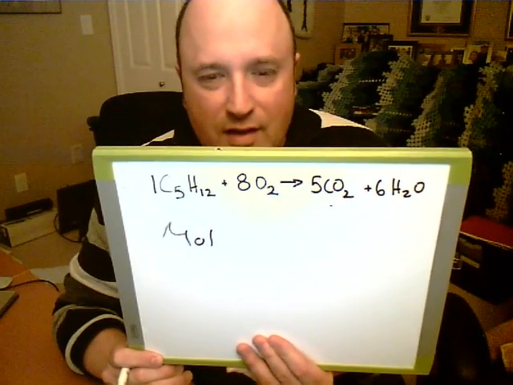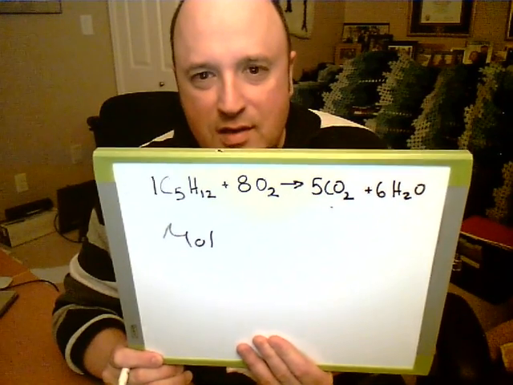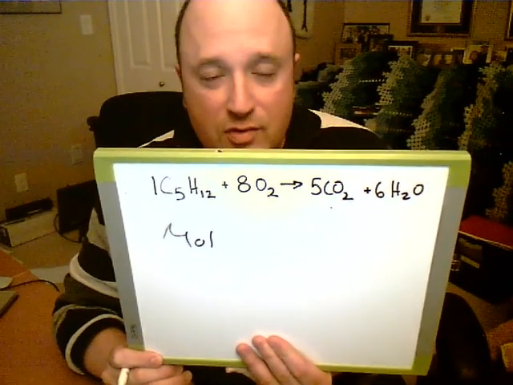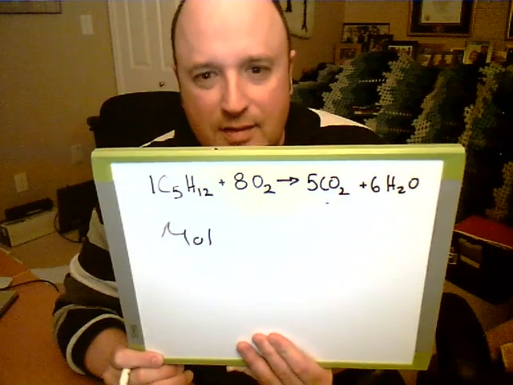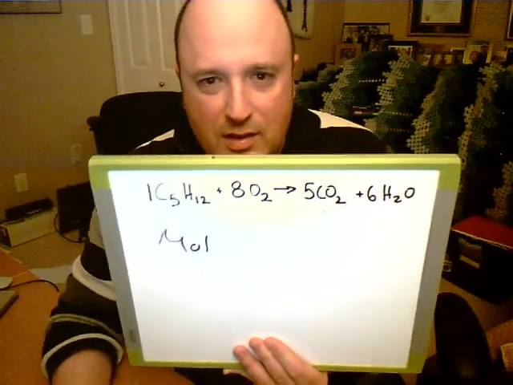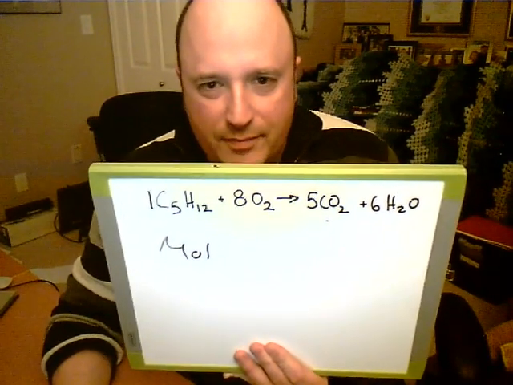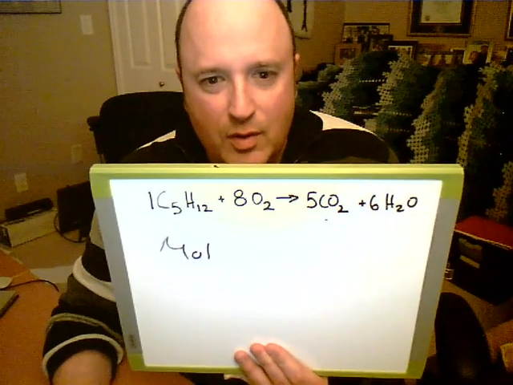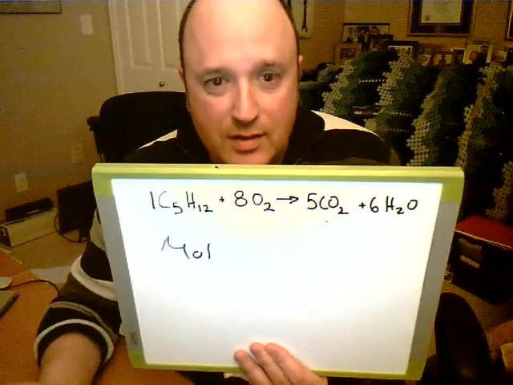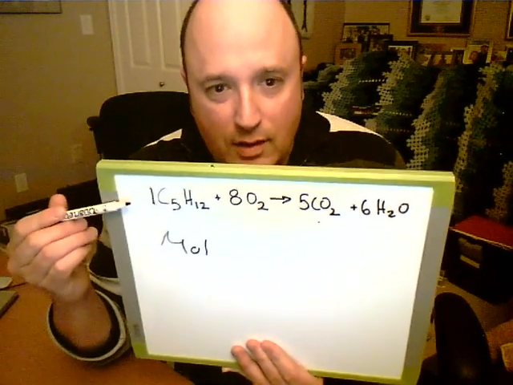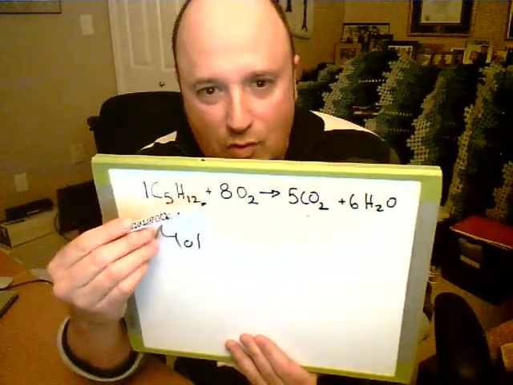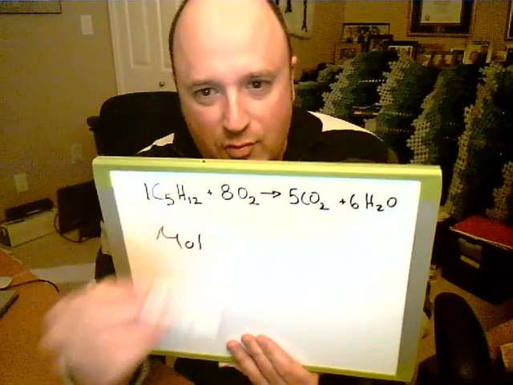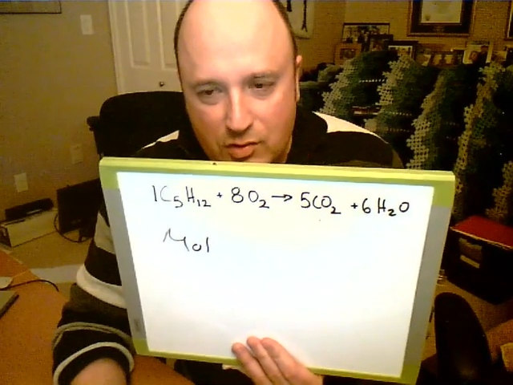You can think of it like grams for now, and if you're taking chemistry, you know the difference. If you don't take chemistry, it doesn't matter. But it's kind of like the unit of measurement that you use. I don't want to spend a lot of time talking about what a mole is, but that's the unit of measurement. So 1 mole of pentane, 8 moles of oxygen, 5 moles of carbon dioxide, and 6 moles of water.